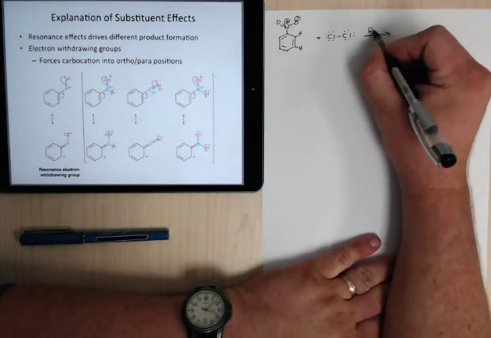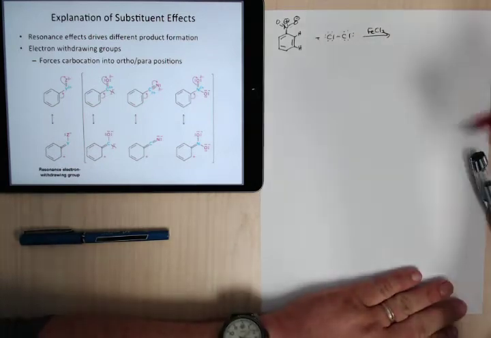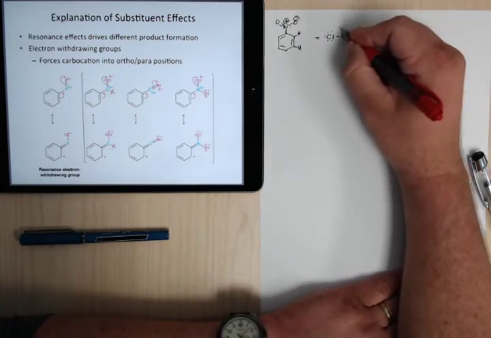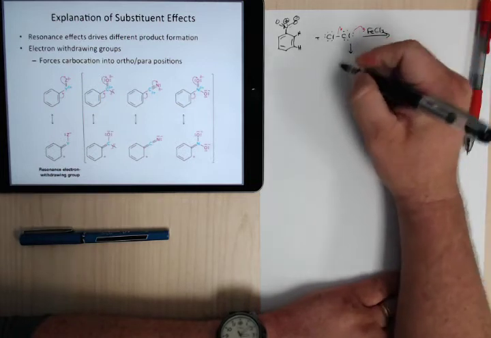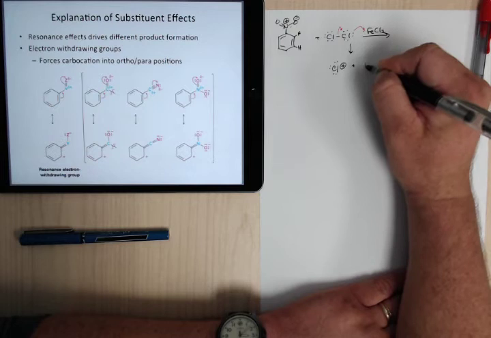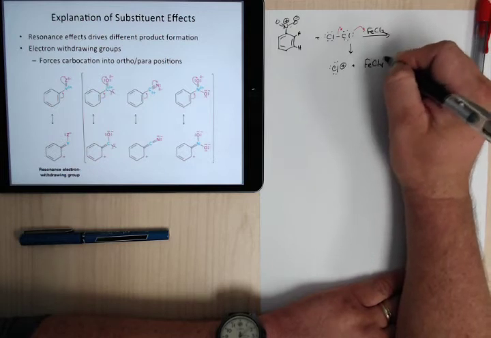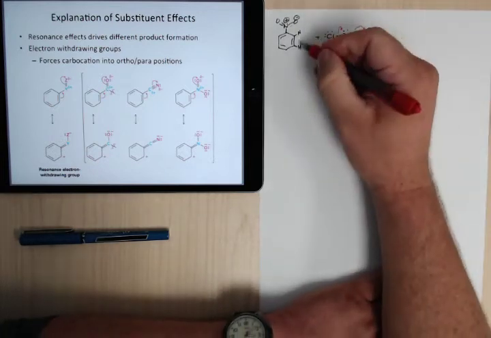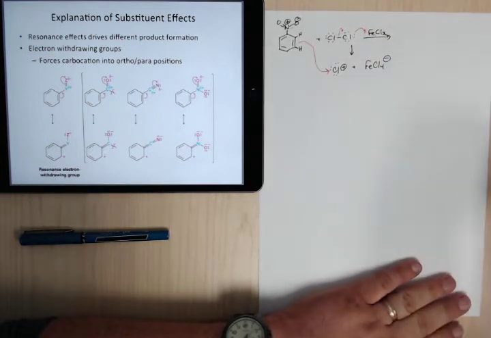Again, we're going to do FeCl3. So first step, same as always. We're going to make Cl plus FeCl4 minus. Again, this is going to attack, and it's got a choice.